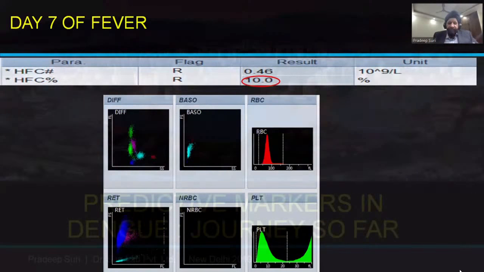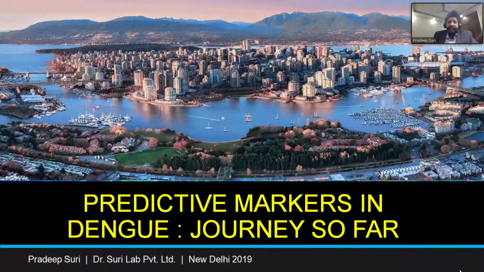So this is the study that we presented in ISLH last year in 2019 in Vancouver, where we clubbed all the prognostic markers of platelet recovery in thrombocytopenic dengue patients: immature platelet fractions, platelet lymphocyte ratio, HFC, platelet HFC ratio. We were trying to come up with what is the best prognostic marker amongst all these.